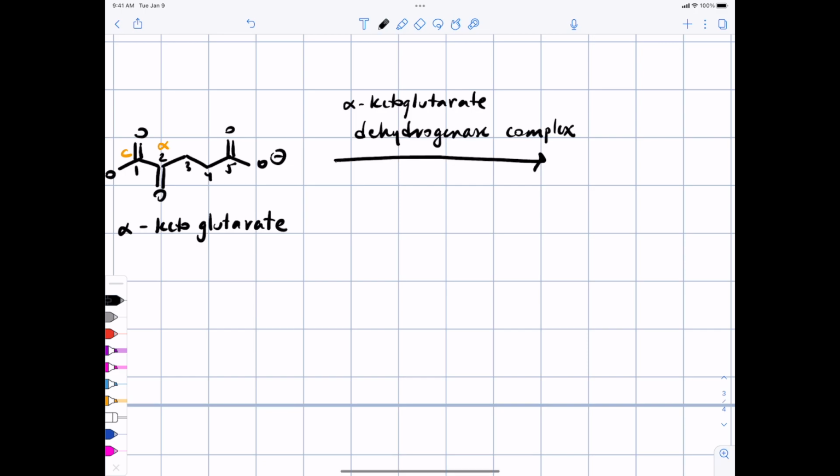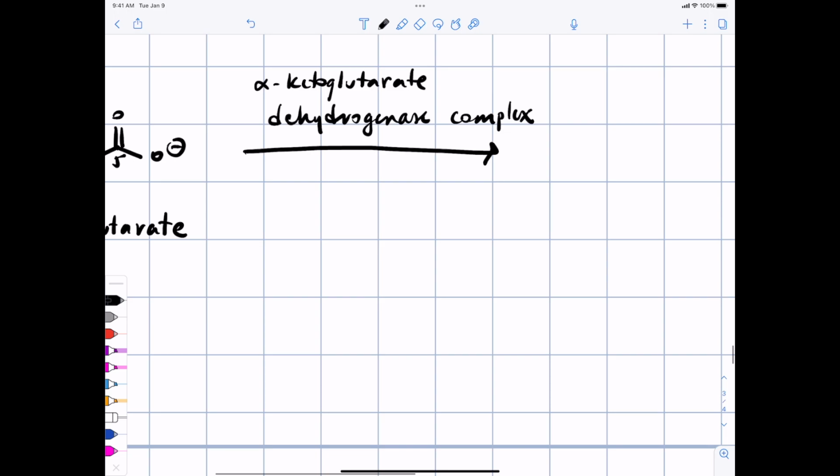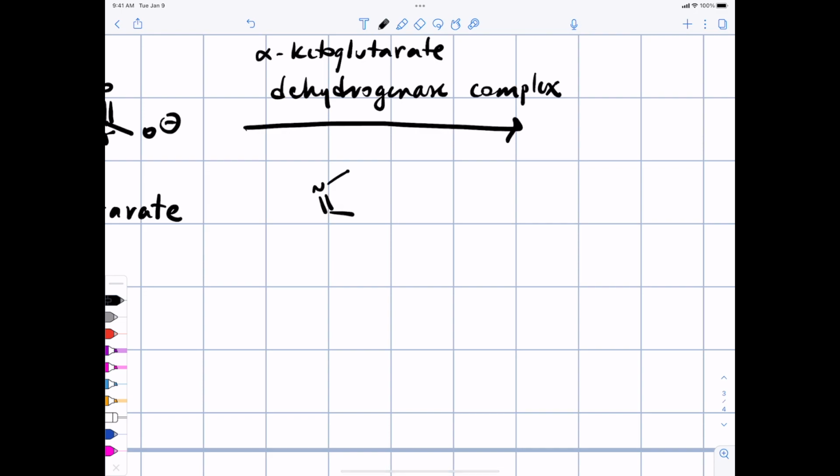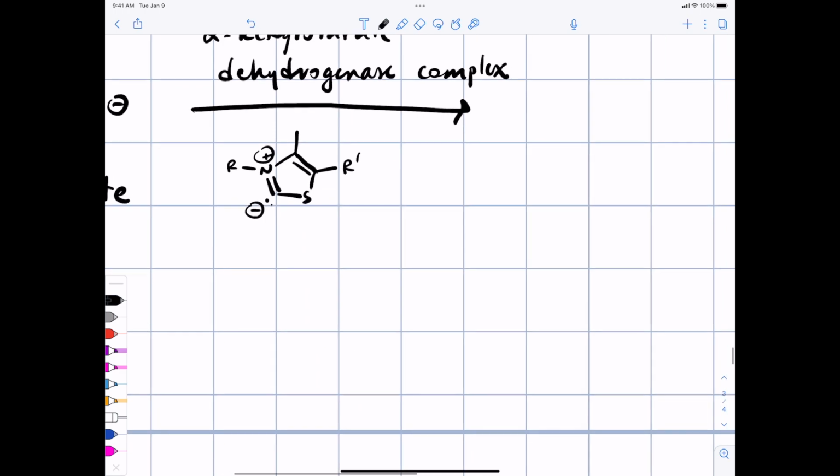As before, it involves TPP, thiamine pyrophosphate, ylide, and it involves lipoic acid, which I'm, again, just abbreviating from above.